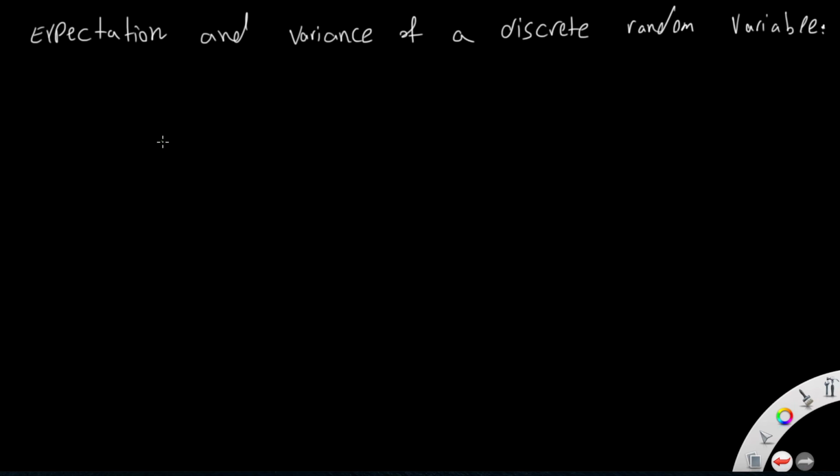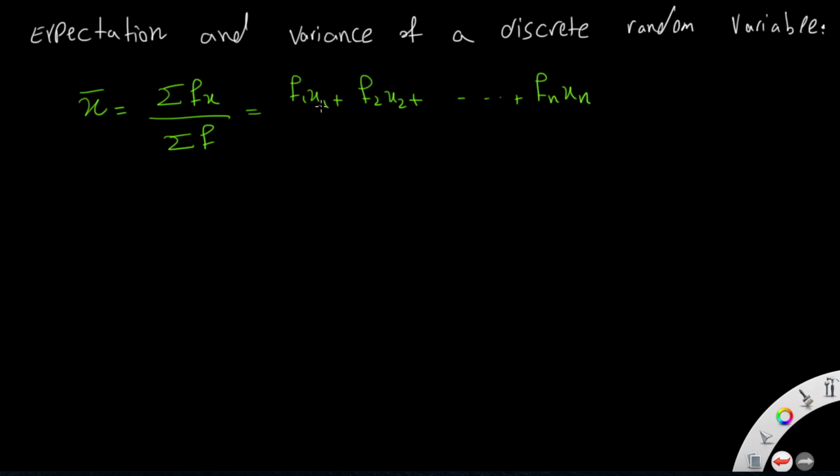We already know that in order to find the mean when you have a frequency table, you need to use this formula. For example, x bar is equal to sigma fx over sigma f. Now if I split it, I will write f1x1 plus f2x2 plus fnxn. What does it mean?